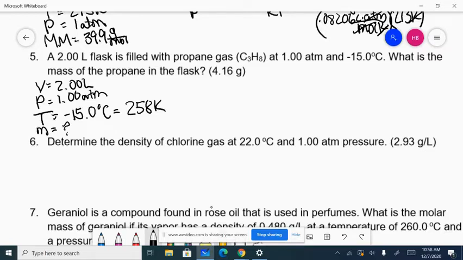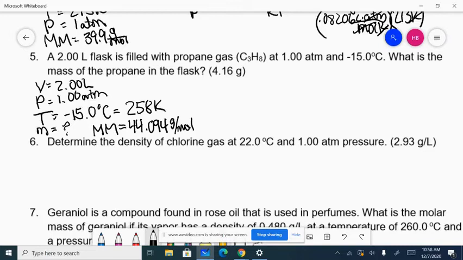The other thing is we are given the chemical formula, so I can actually calculate the molar mass of propane by adding up 3 carbons with 8 hydrogens to get 44.094 grams per mole.